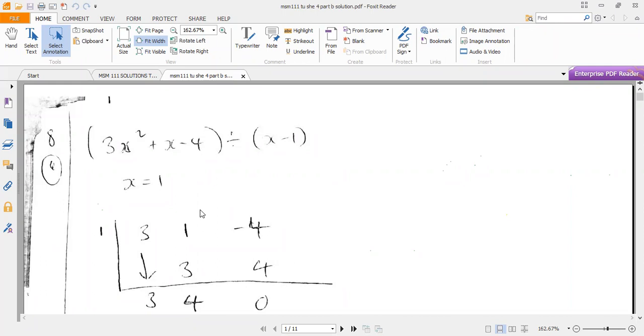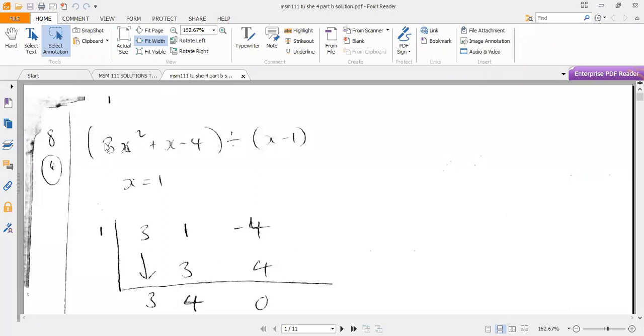No wonder they have specified to use synthetic division. There's no coefficient like 2 there, they are just 1. So we're using synthetic division, and I believe you guys know how to use it because it's the simplest.